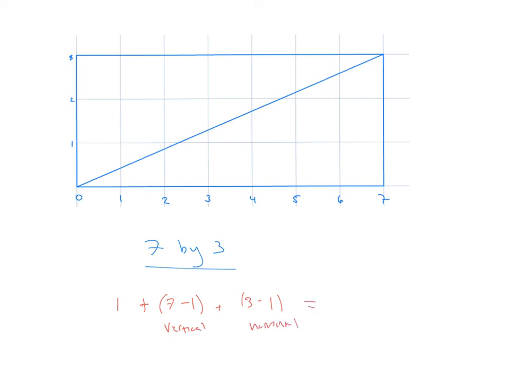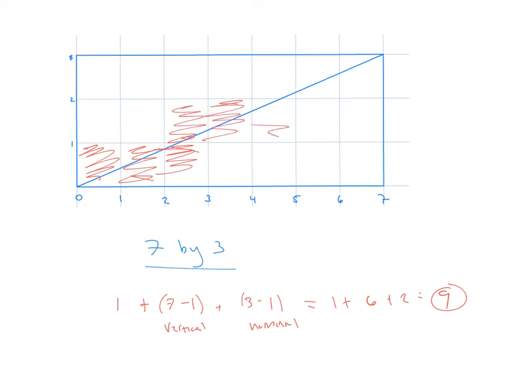So that gives you 1 plus 6 plus 2, which is 9. If our rule works, it should be going through 9. Let's count. 1, 2, 3, 4, 5, 6, 7, 8, 9. That's reassuring. It looks like it works on the smaller example.